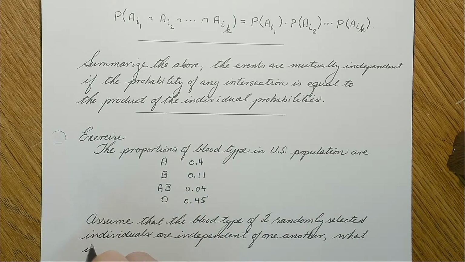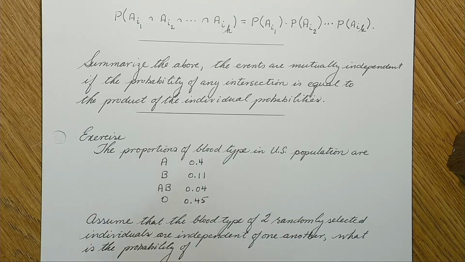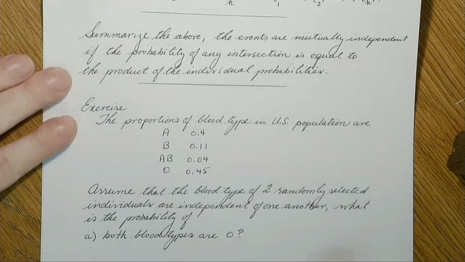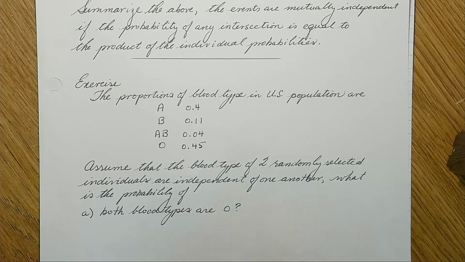What is the probability of, and then let's do part A, which is both types are O. So in the chat, what do you think it is? What's the probability that if you randomly selected 2 people from the United States, they're type O?